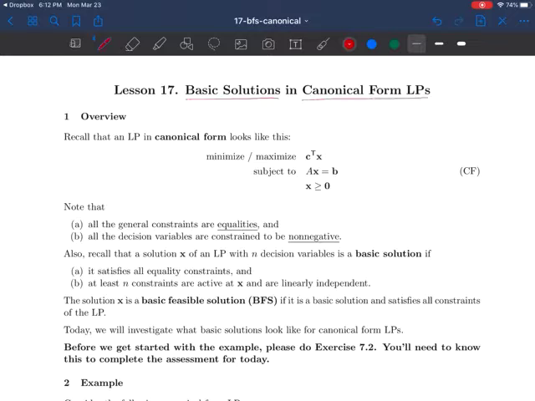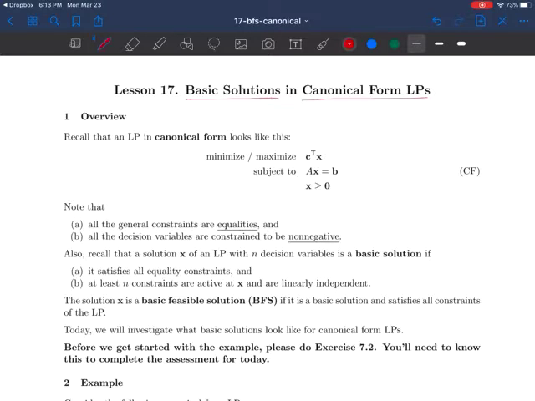I want to note that this is really combining two of the big definitions that we've gone over. And what I'd like you to do is to go back and really review both of these from the previous lessons. In particular, review basic solutions, as this really contains the idea of defining a unique point from our constraints.